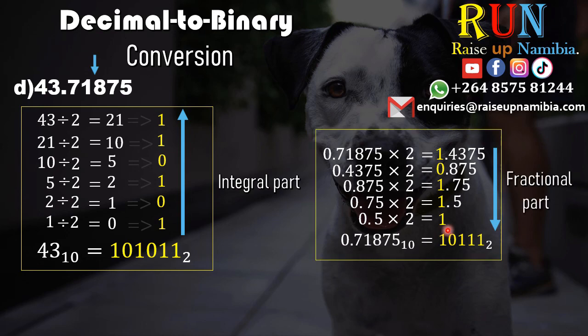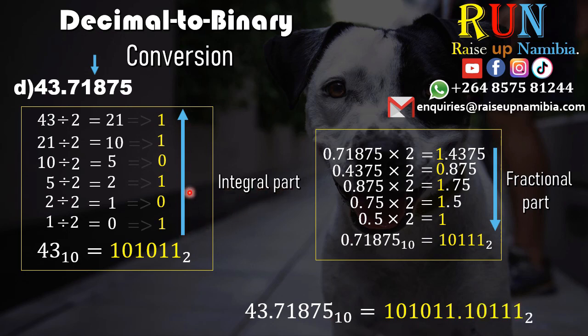So your answer is... Now I want you to remember that when we are dealing with the integral part, we go from down going up. But when we are dealing with the fractional part, we go from up going down. So what is our answer here? Our answer here will be 10111.